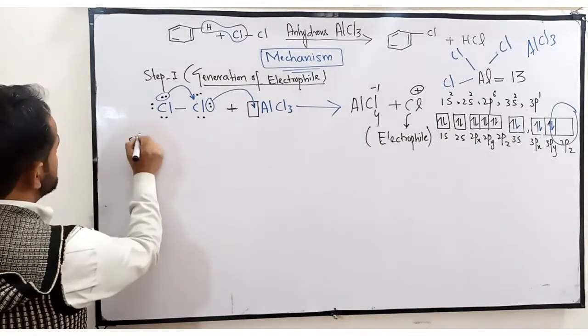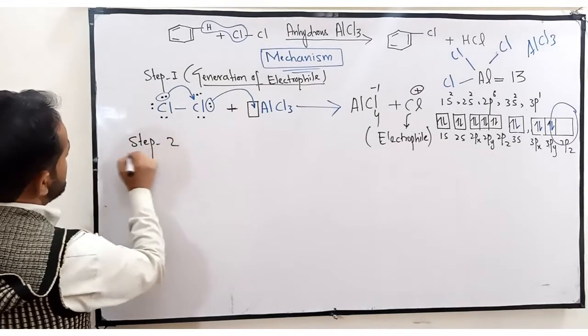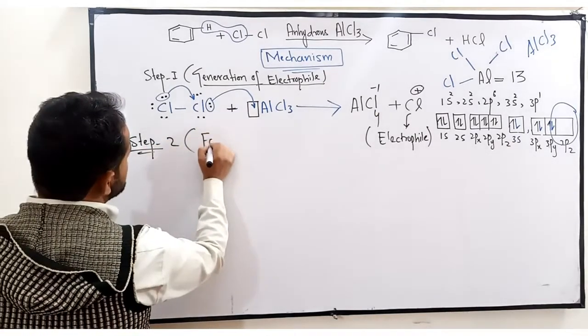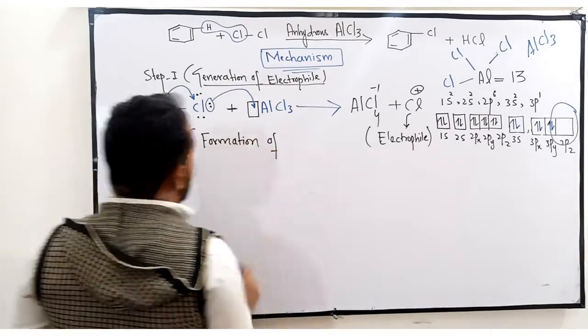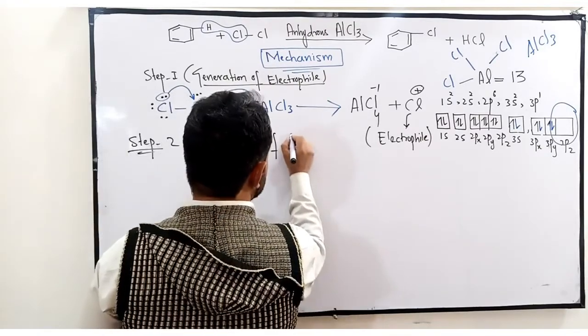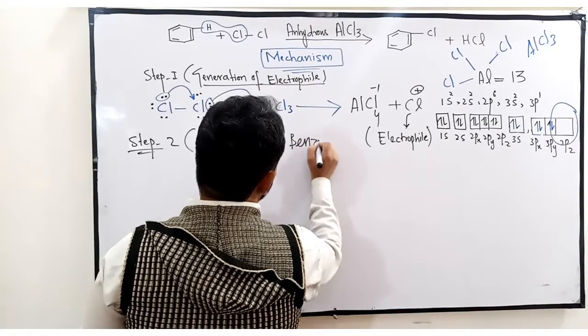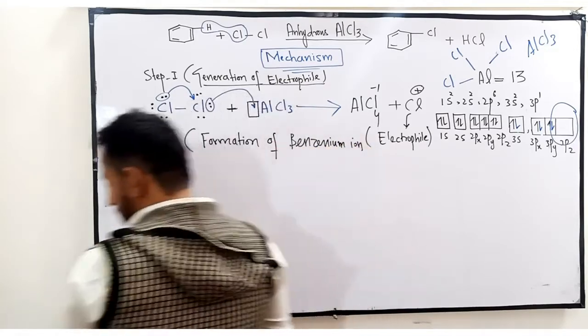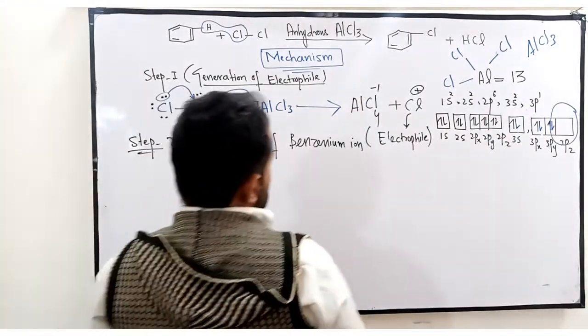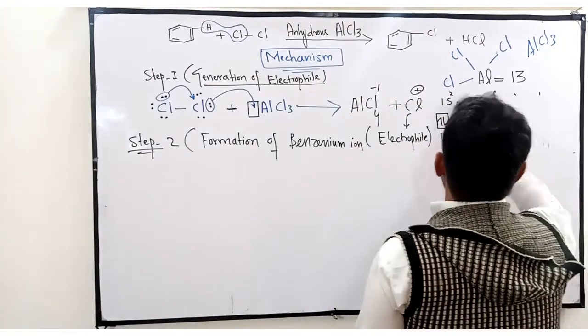Now step number 2, which is known as the formation of benzenium ion. Formation of benzenium ion. I will remove this one.